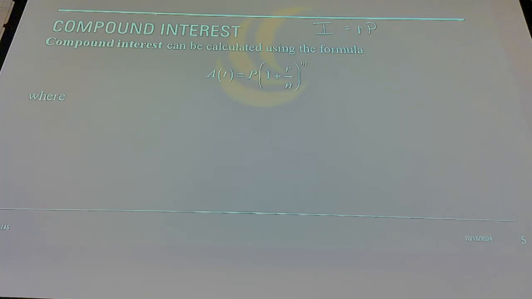If we follow that logic, we wind up with the formula A(t) = P(1 + r/n)^(nt). A is the account value. t is how much time passes, measured in years.